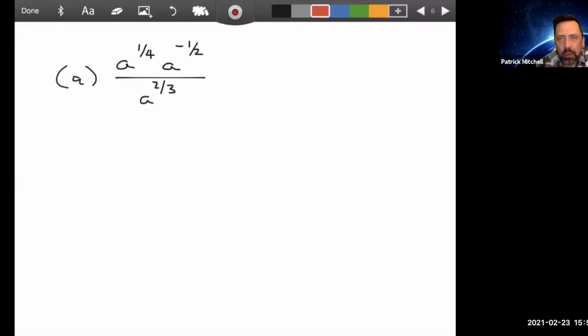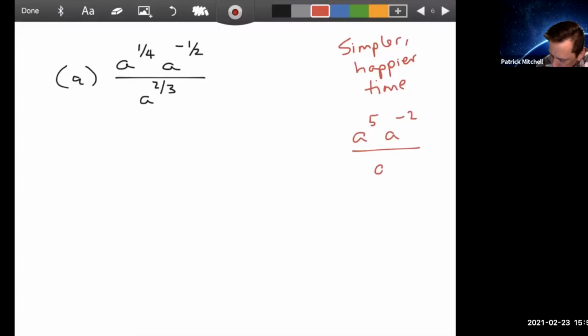So this is definitely one of those occasions when I say think of a simpler, happier time. So the simpler, happier time was when the exponents were all integers. So like a to the 5th times a to the negative 2 divided by, let's say, a to the, I don't know, 4th.